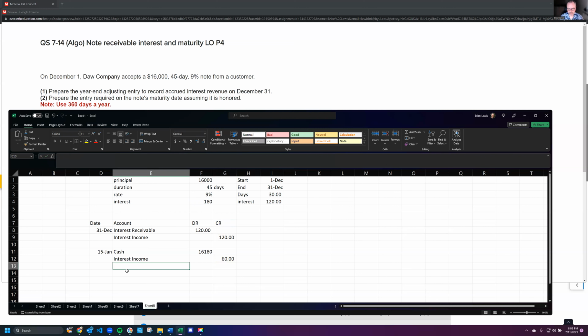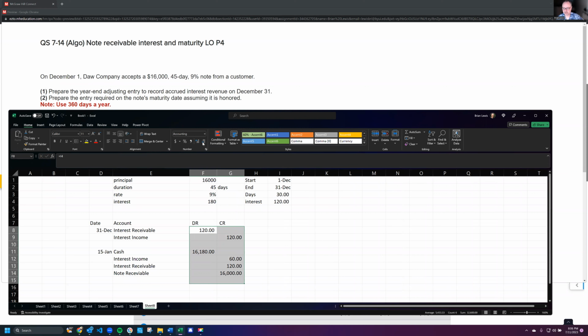We're going to clear out the interest receivable that's already been set up. That's just going to be the opposite of that one. And then we're going to clear out the note receivable. That's not spelled right, but that's okay. $16,000. That should be our entry.